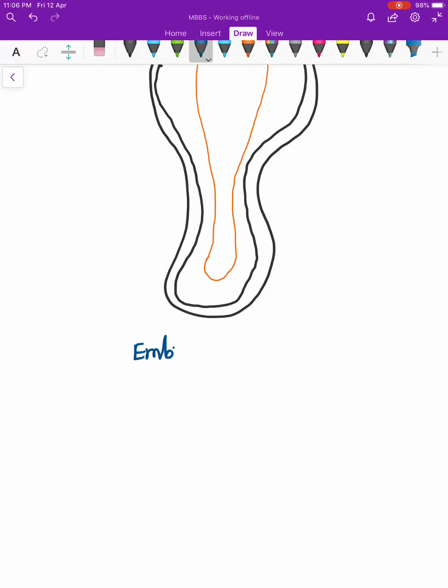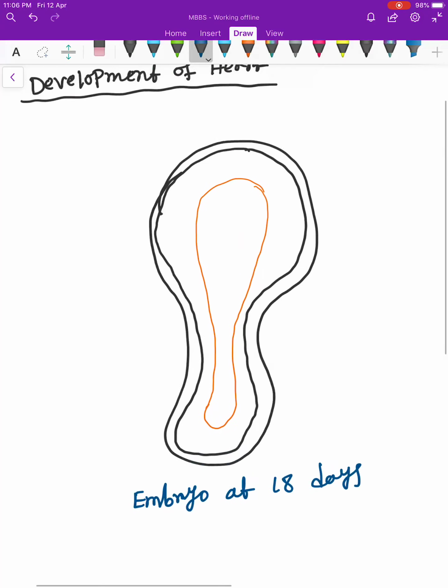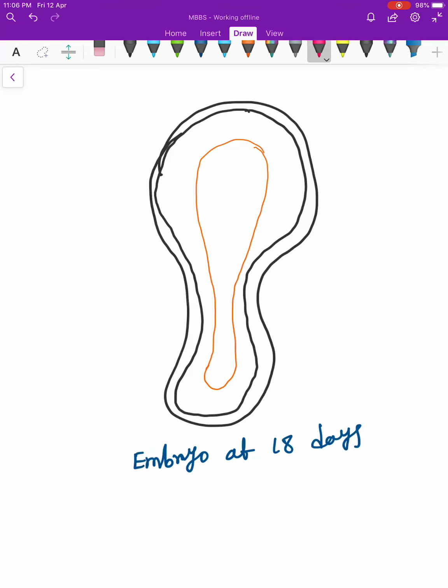In 18 days, there is the formation of the cardiogenic area. And these are the primitive blood vessels.